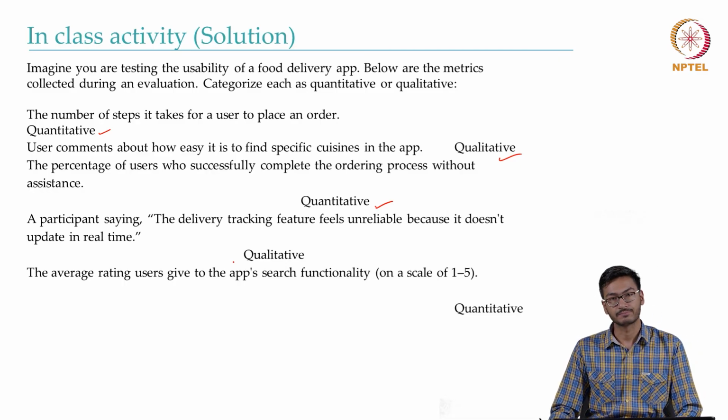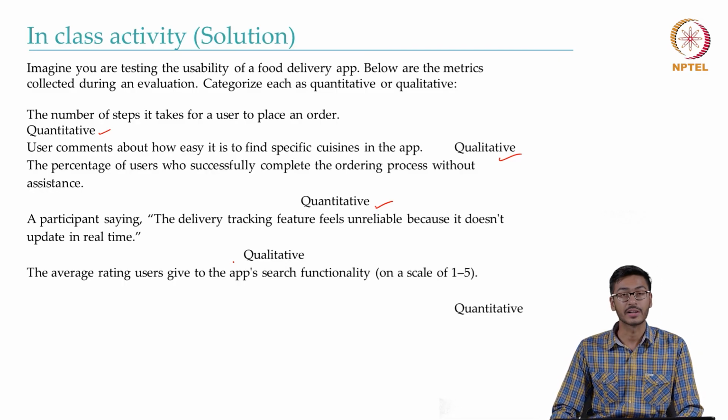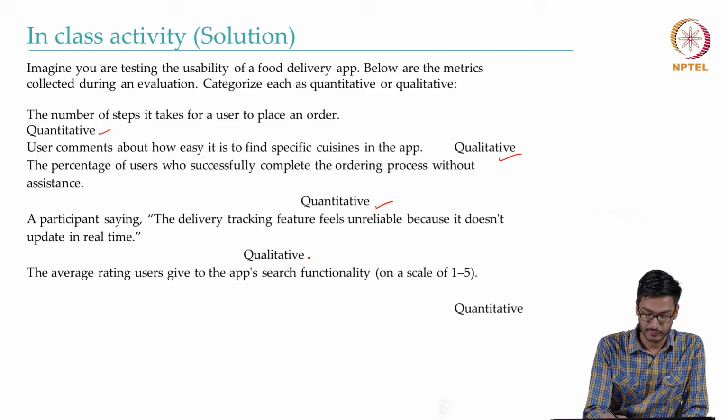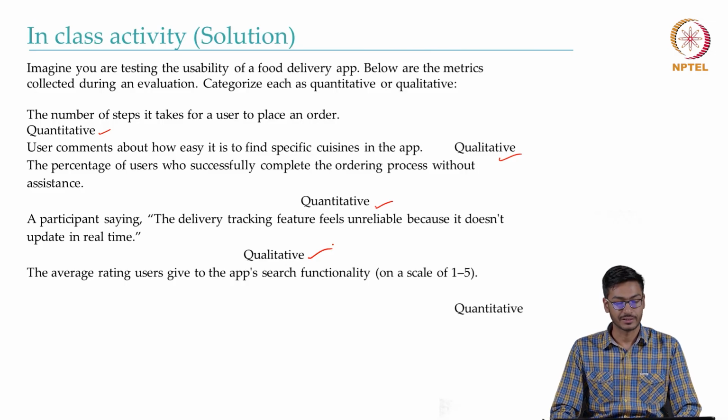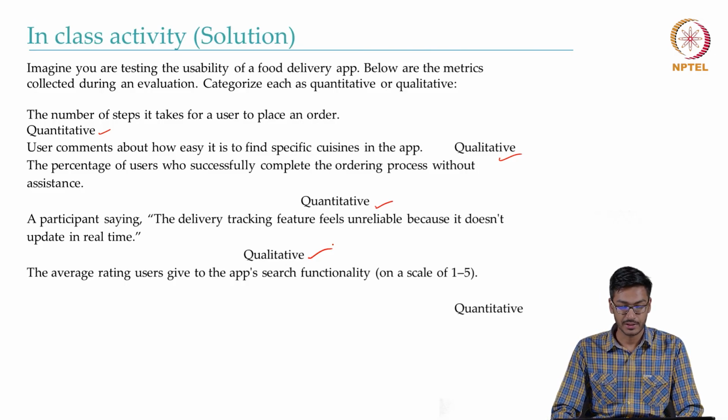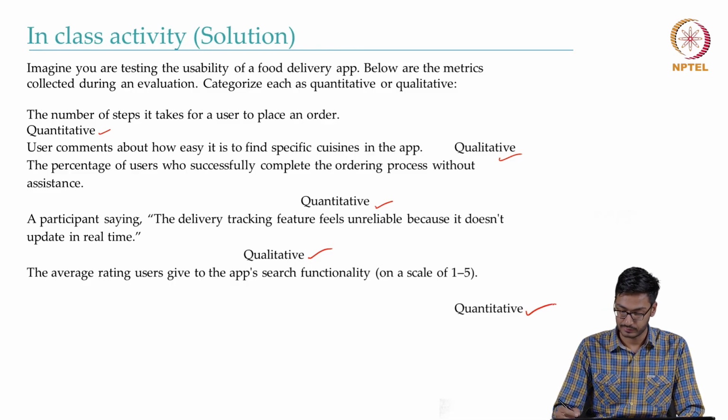Think about it. It should be qualitative because it does not give out any numeric figures. Next, we have the average rating users give to an app's search functionality on a scale of 1 to 5. Definitely quantitative.